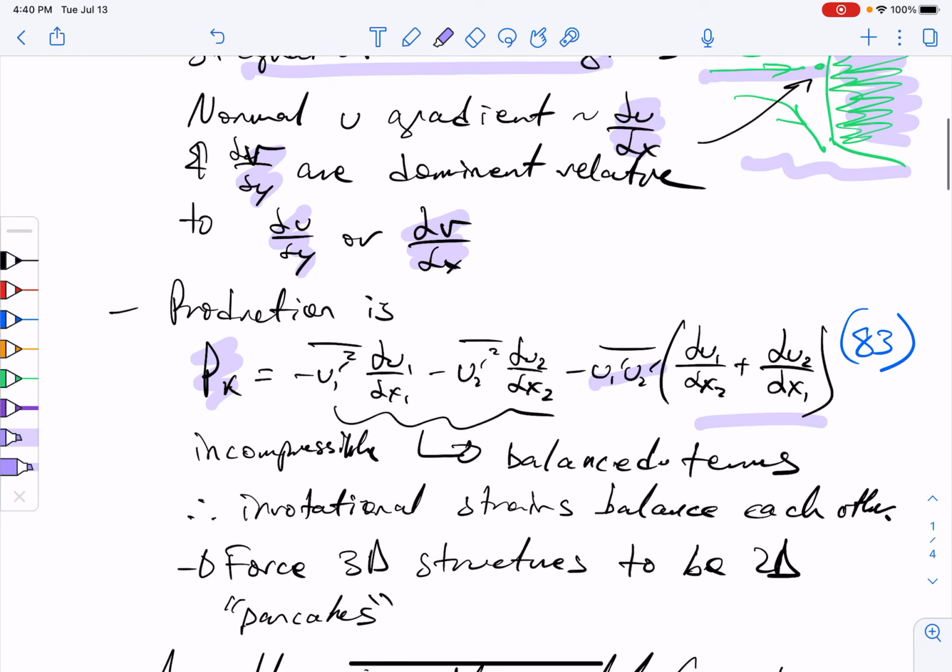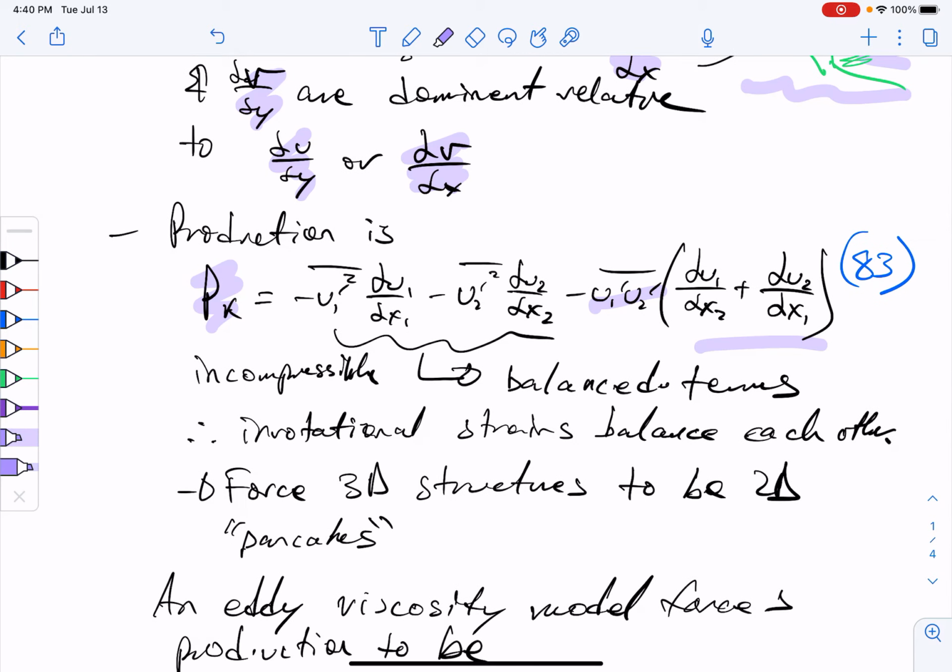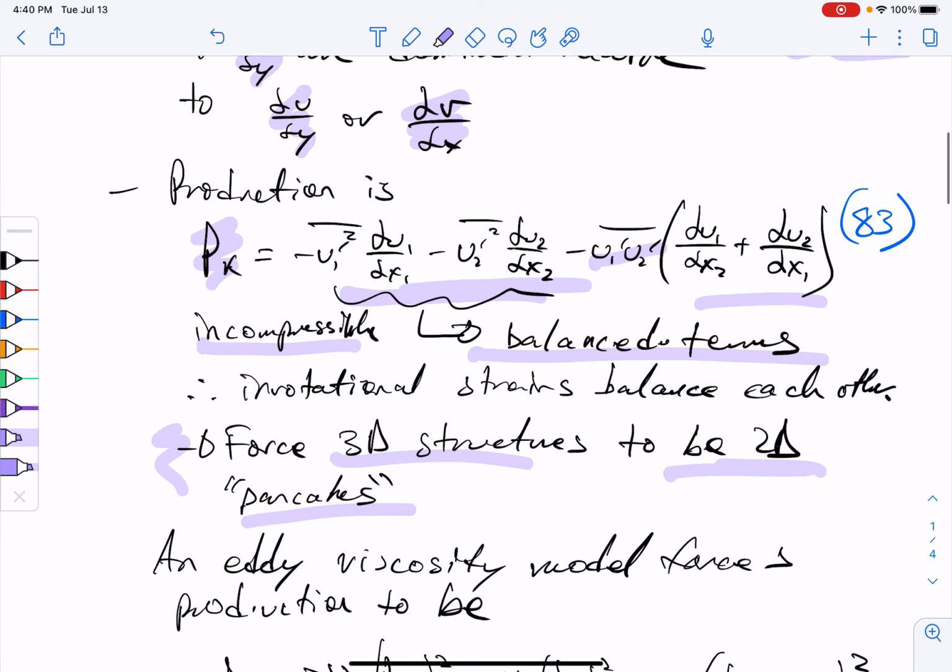So you can see, looking in these stagnation regions for incompressible flows in particular, that these terms will be balanced. This means that these irrotational strains are going to be balanced against each other and cause a problem in terms of the model prediction. The outcome of these types of models in stagnation regions is that it will force what would be particular three-dimensional turbulent structures to be more like two-dimensional pancakes. And this is one particular problem.